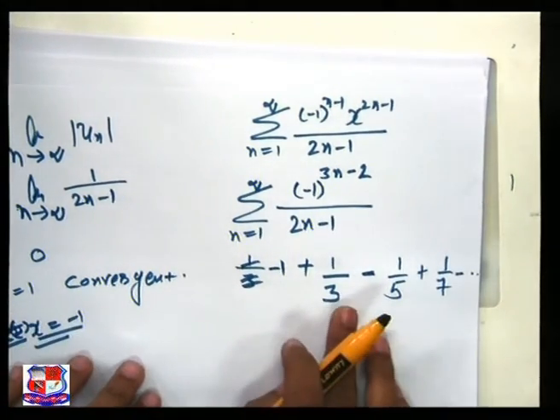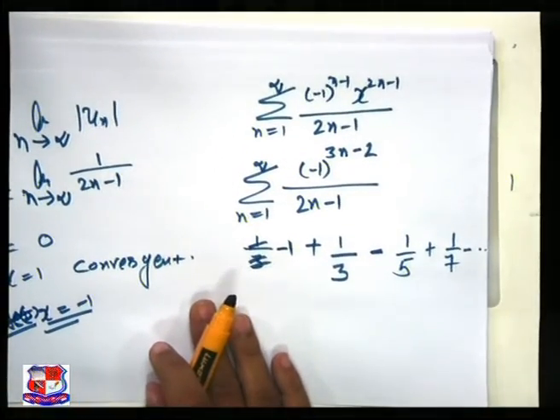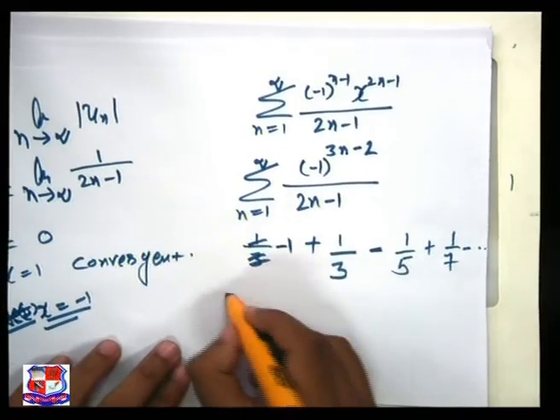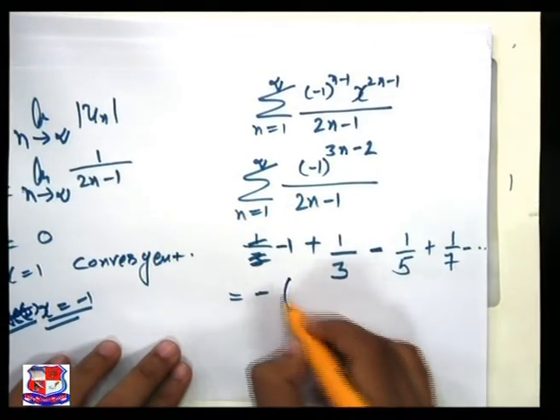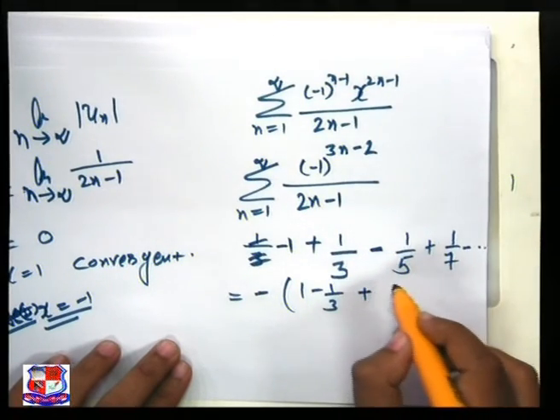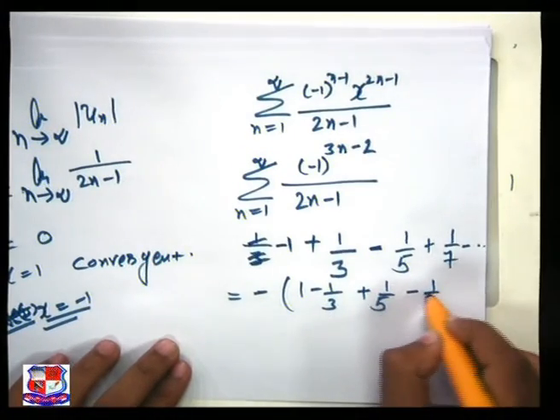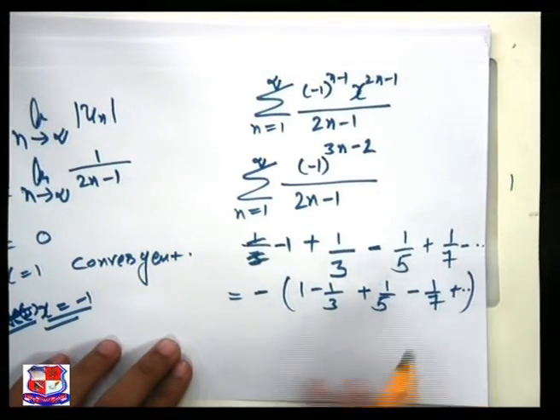So you can see this series and the previous series both are same, right, just the difference is only for the sign. So when we are taking minus common, this series is 1 minus 1 by 3 plus 1 by 5 minus 1 by 7, right.